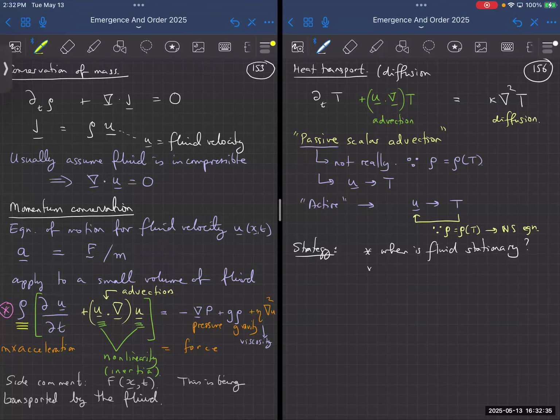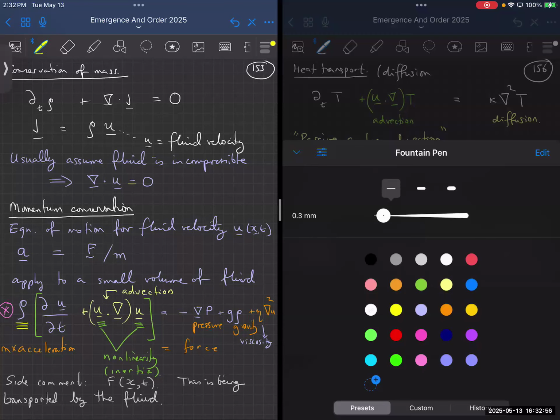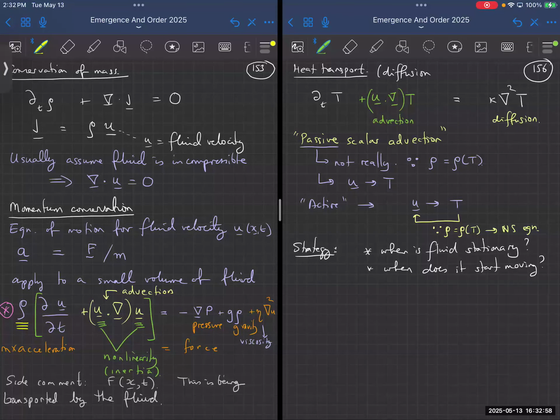And then we're going to ask when does it start moving? So we can construct a steady state of the system. It's quite easy to do, and we'll do it quite quickly. And then once we've got the steady state, we will ask ourselves the question, is that steady state actually stable? And we're going to see that it's not stable. So what we're going to see is that there exists a steady state.